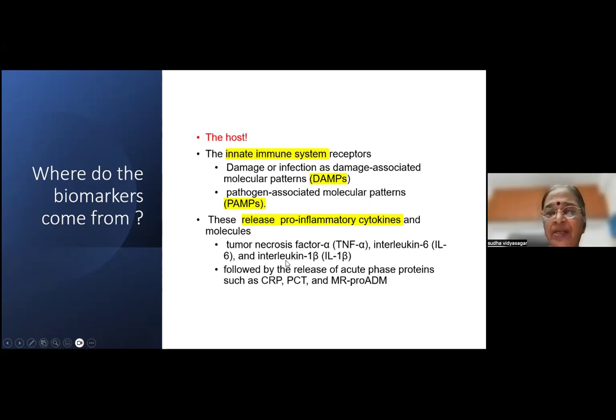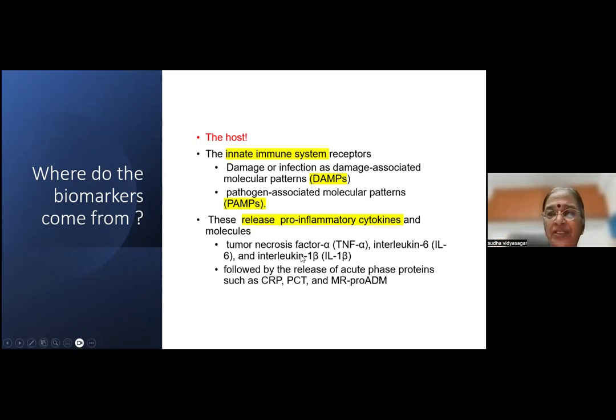Tumor necrosis factor, interleukin 1 beta, CRP, procalcitonin, then mid-regional pro-ADM. All these are your pro-inflammatory cytokines which are released. But they are all coming from the host, by the host immune system, which causes the DAMPs and the PAMPs, and they act and release the pro-inflammatory cytokines, which are your biomarkers to the presence of sepsis.